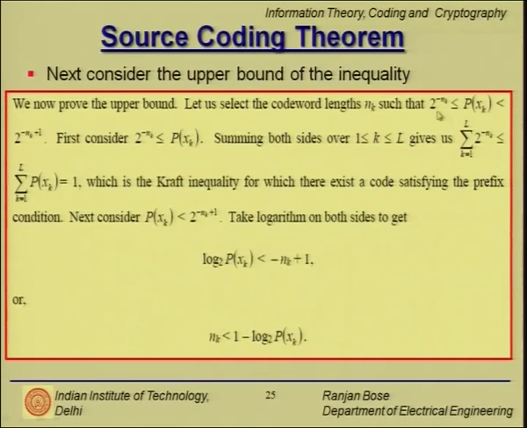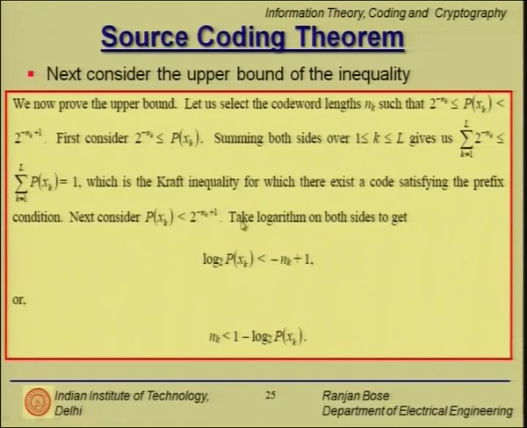Just consider the left hand side of this: 2 to the power minus n_k less than or equal to p(x_k). Now, summing both sides from k equal to 1 through L, we get that indeed this is the Kraft inequality, and hence whatever we thought in the beginning we can do.